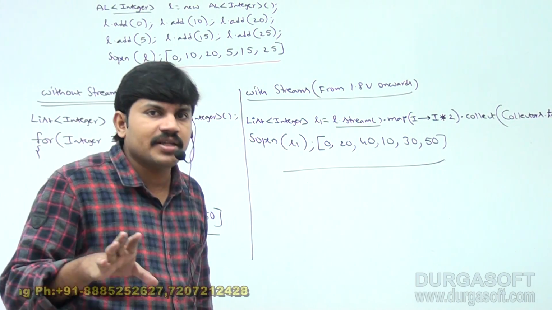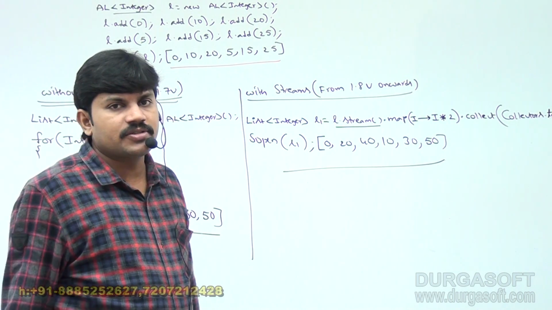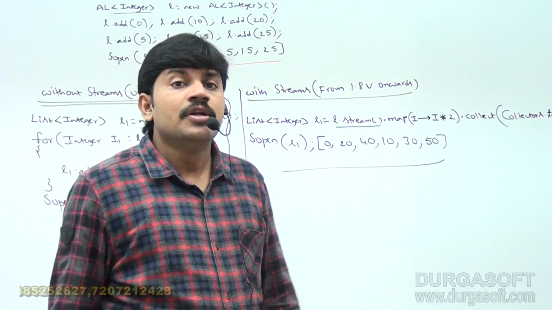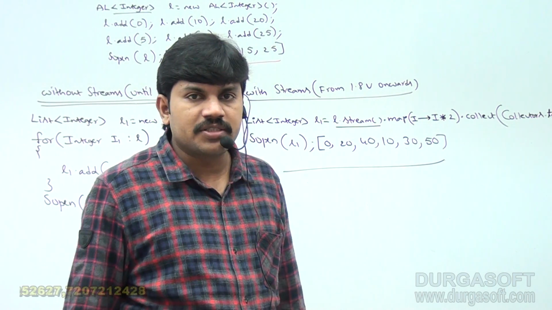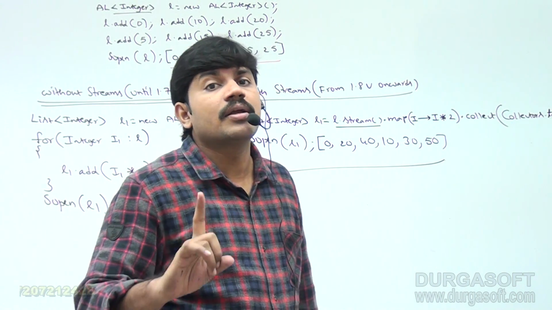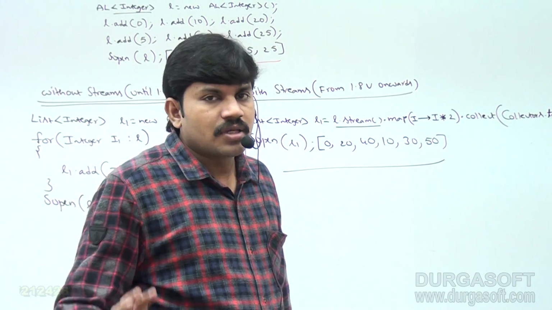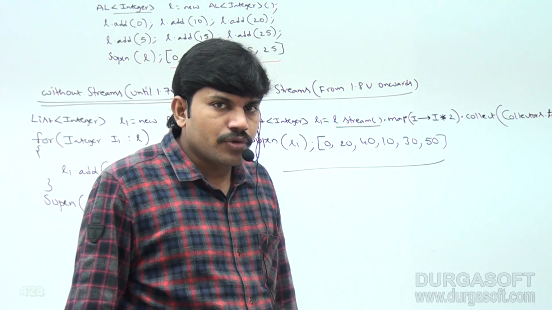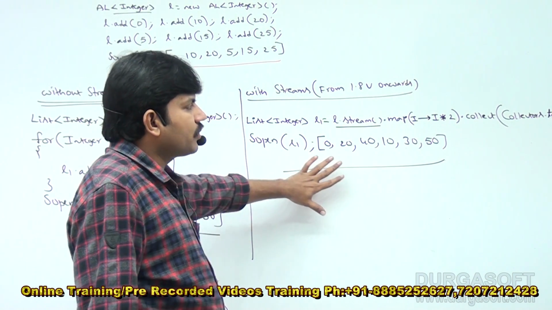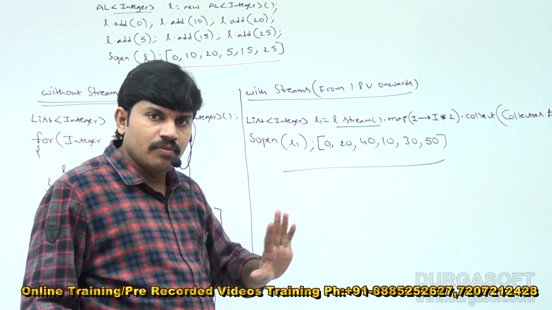Is it an advantageous concept or not? Yes, obviously. On a collection, if you want to perform bulk operations, definitely we can go for the streams concept. The streams concept is going to reduce the length of the code like anything. Remember that. So obviously, it is highly recommended to use the streams concept.